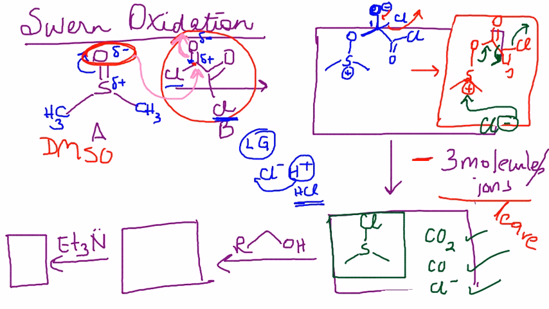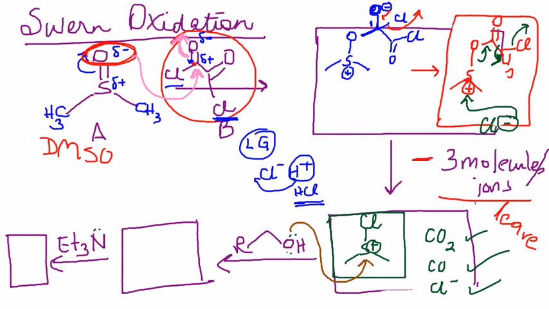And now it's time for that newly formed intermediate to react with the alcohol. Notice that my sulfur still has the positive charge because it only has 6 electrons around it. Also notice that oxygen in this case is the one that has electrons, so that's nucleophilic, and sulfur is going to be the good electrophile because it contains the positive charge.